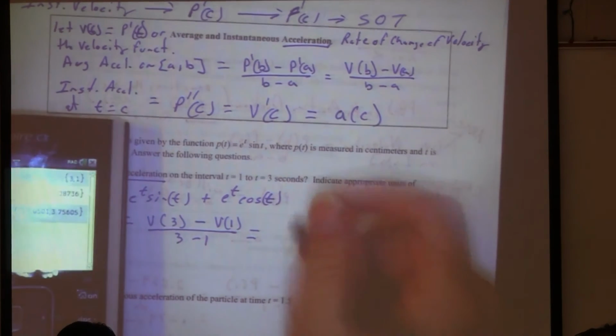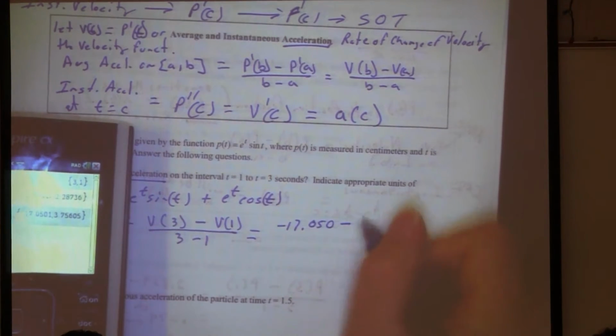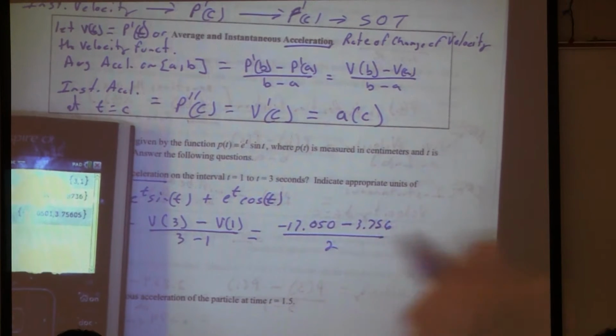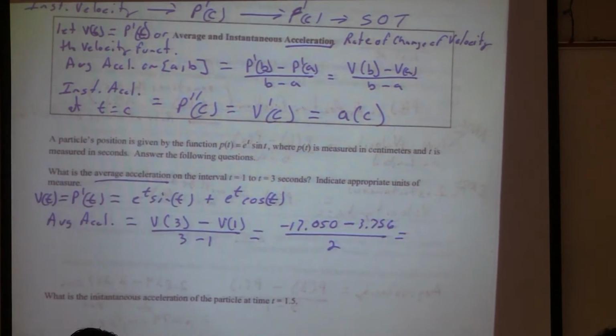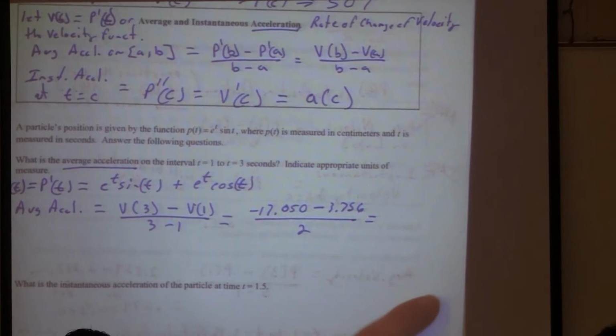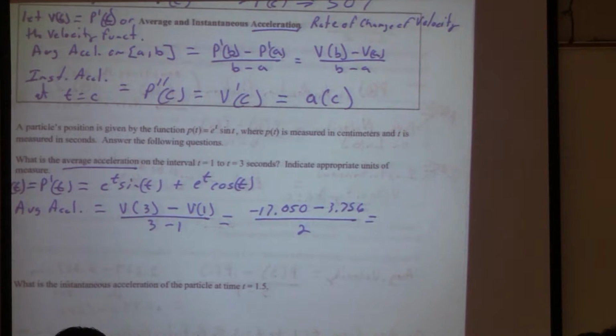So we'd end up with negative 17.050 minus 3.756 over 2. And that gives us how much? 403.